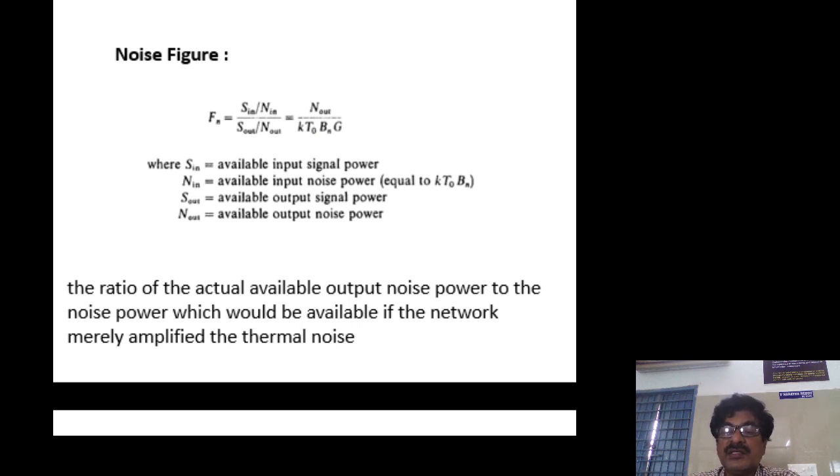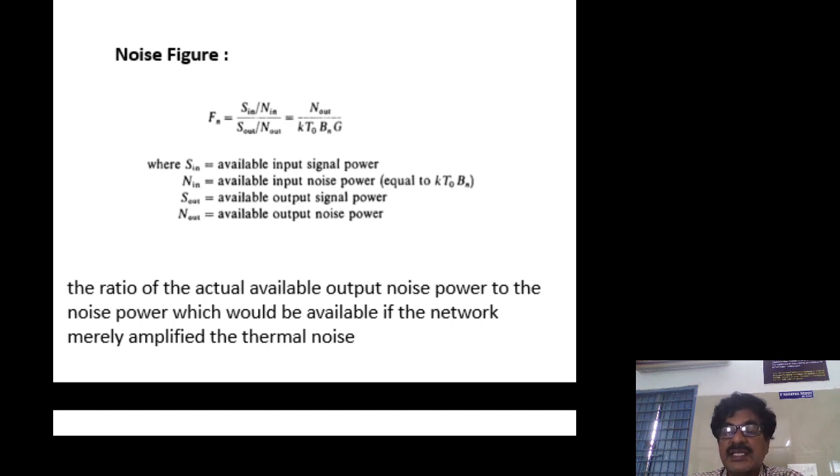The different notations represent: S in is the available input signal power, S out is the available output signal power, N in is the available input noise power, N out is the available output noise power.